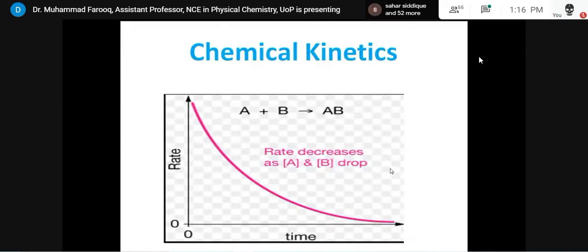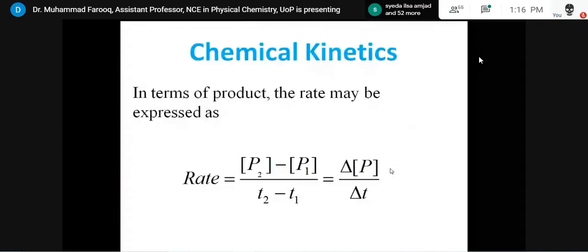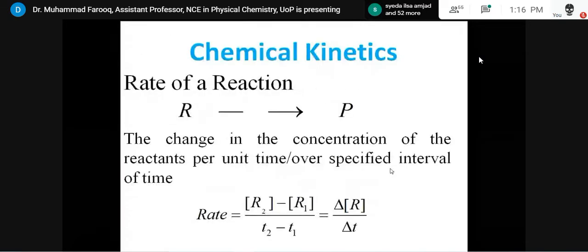So R2 is the concentration of the reactant at T2. The change in the concentration of the reactants, R2 minus R1, is represented by delta R, while the change in time, T2 minus T1, is delta T.